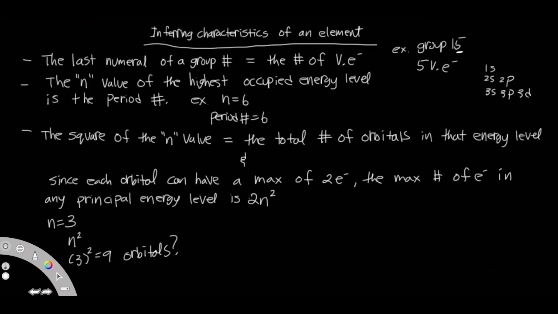There is no 3f. So if we were to draw it out, 3s, 3p, and 3d, and you count down the number of orbitals, 1, 2, 3, 4, 5, 6, 7, 8, 9. Turns out to be correct. So that's it for the number of orbitals, and we've proved it.